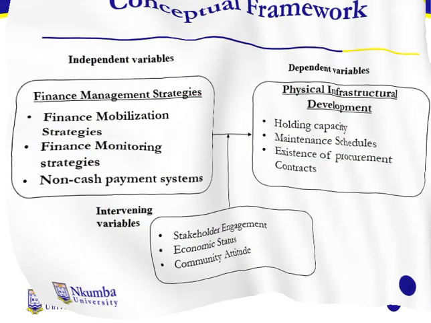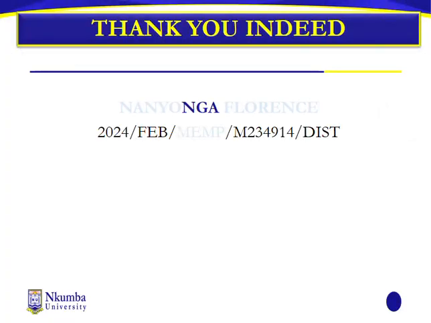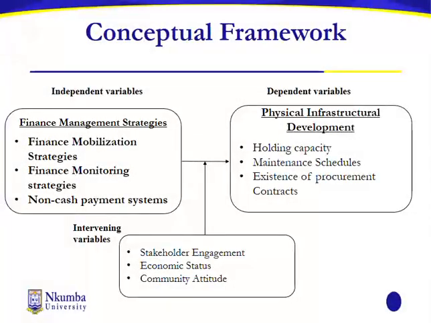When we say many, we mean many independent variables to one dependent variable. So there are many here: finance mobilization, finance monitoring, and non-cash payment system. Now we are going to get the finance mobilization strategies and connect it to one, called physical infrastructure development, to create an objective.